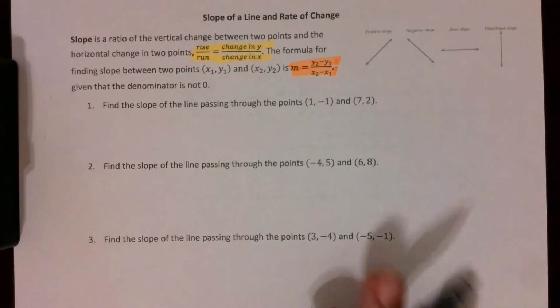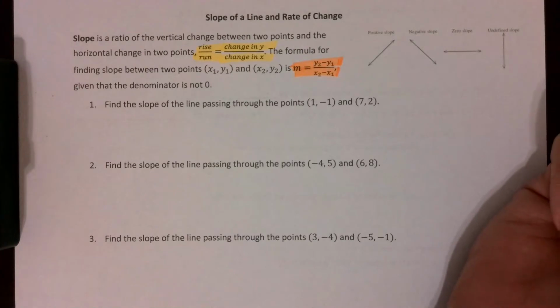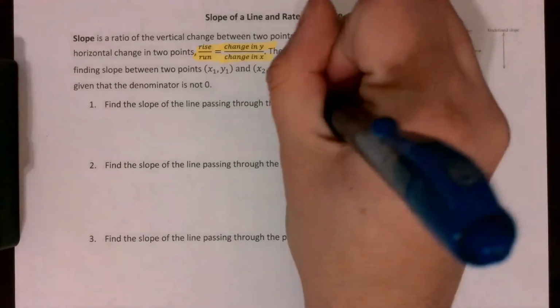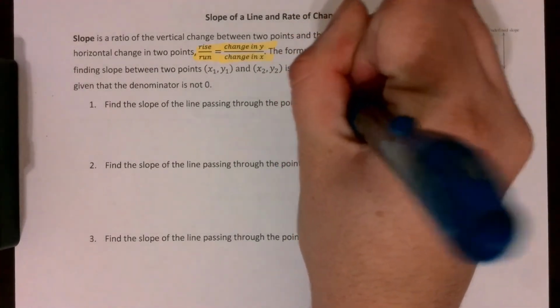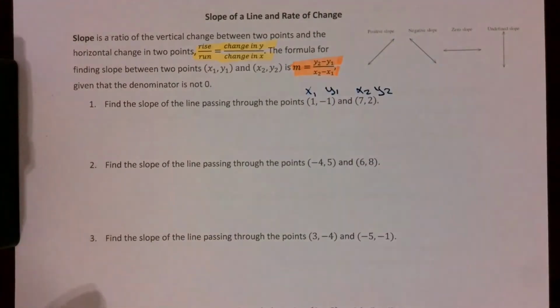So if I want to find the slope of a line that passes through the points 1, -1, and 7, 2, I'm going to label this x1, y1, x2, y2. Then I will plug them into the formula.